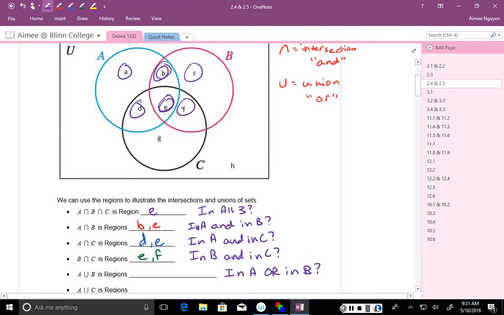And so when I look at all of that stuff, that will be A, B, C, D, E, and F.